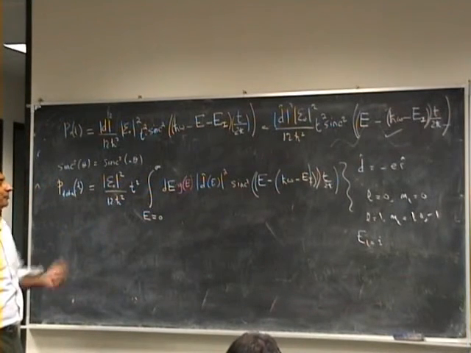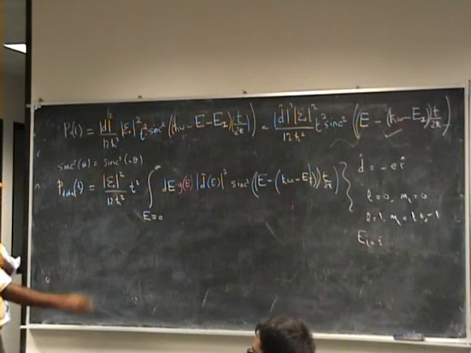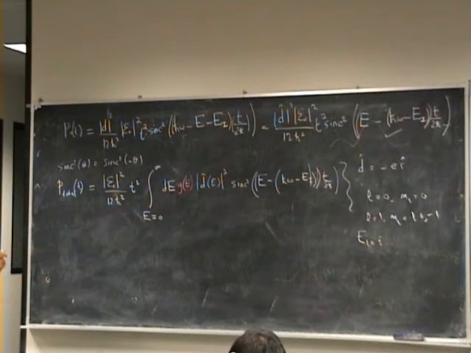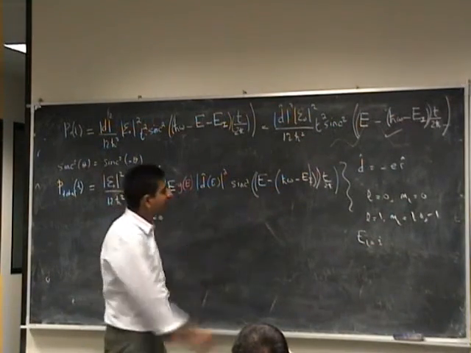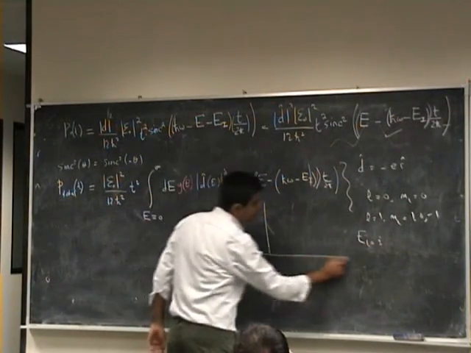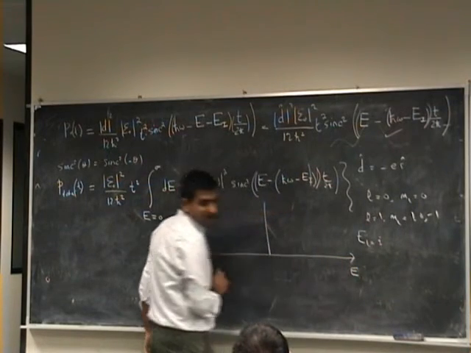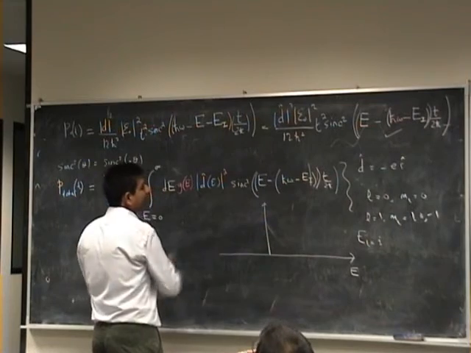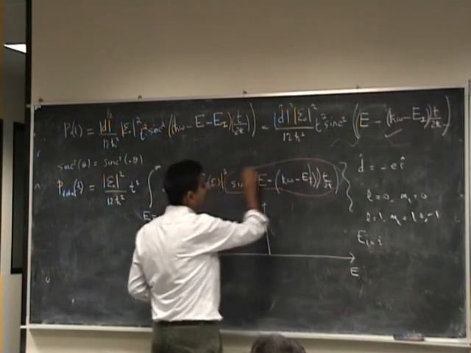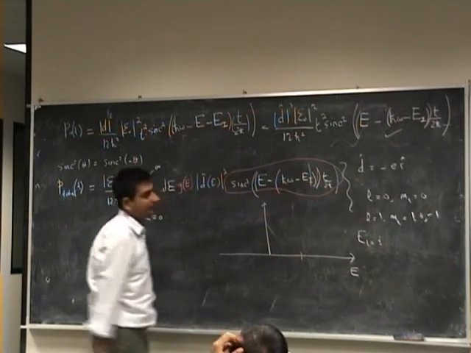Now this is my formula. If you look at this formula, the first thing you observe, we will see the other observation later, is that this is a tightly peaked function. If I draw this function with E as my variable of interest on this energy axis, where will it peak?